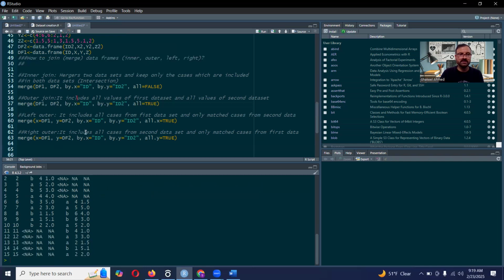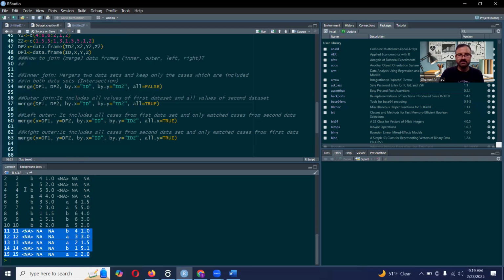The next one is the left join or left outer command. Left outer means we are including all the cases available in X. So it will include only 10 observations. It will exclude these values, basically, these cases that are available in data 2 but not in data 1.